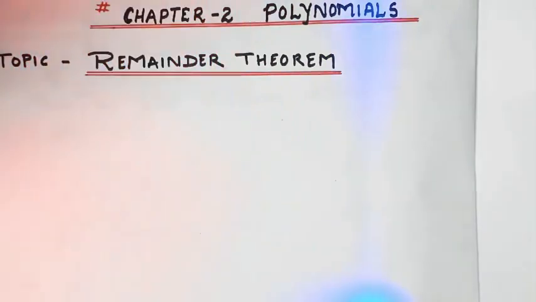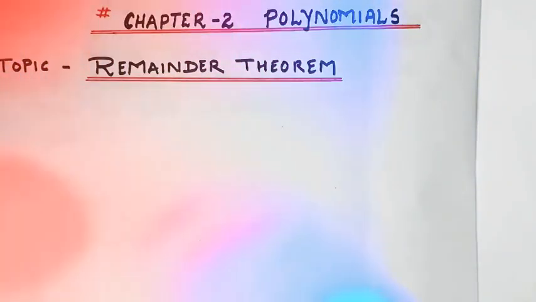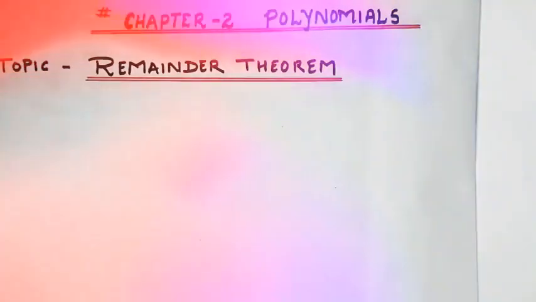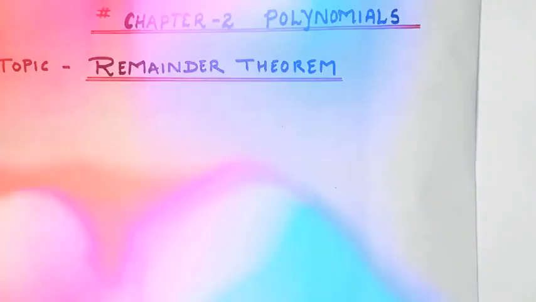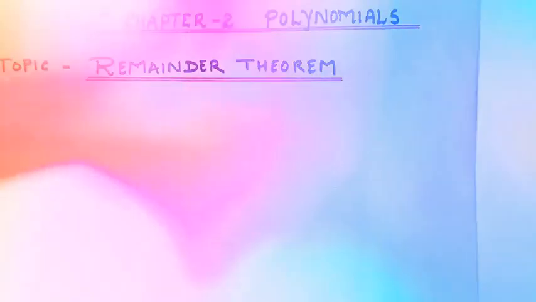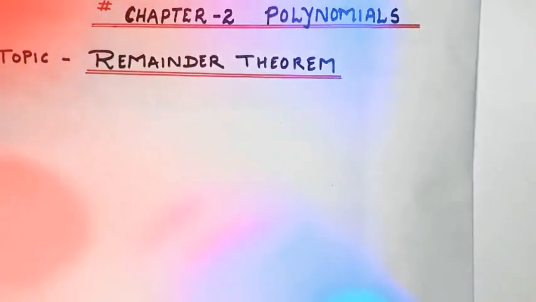In your syllabus, the long division method to divide polynomials is not mentioned, but in my next video I will definitely explain how to divide polynomials through the long division method. Today we are going to focus only on the remainder theorem, and here is the statement of the remainder theorem.